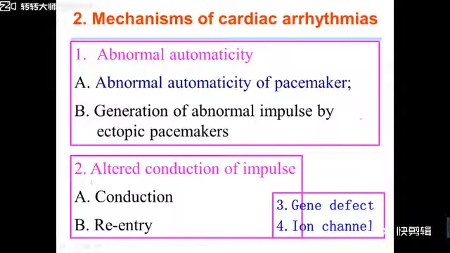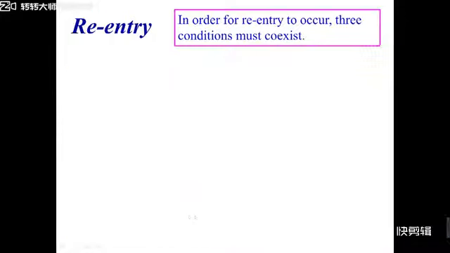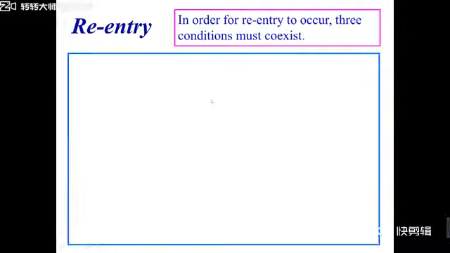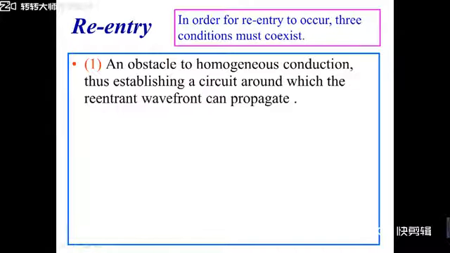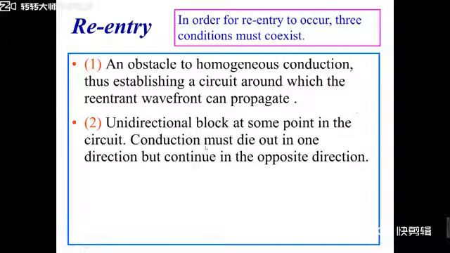And the second mechanism is abnormal conduction. In abnormal conduction, one definition is re-entry. So what is the meaning of re-entry? In order for re-entry to occur, three conditions must coexist. An obstacle to homogeneous conduction, thus establishing a circuit around which the re-entrant wavefront can propagate.